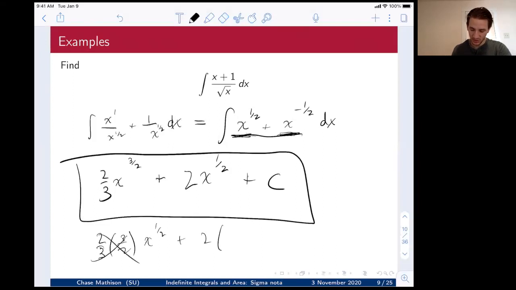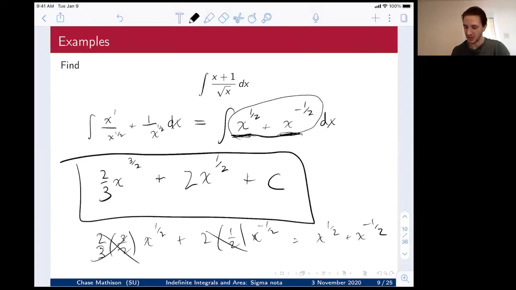Plus 2 times 1/2 times x to the 1/2 minus 1, which is minus 1/2. Those will cancel. And c is a constant. And so I'll be left with x to the 1/2 plus x to the minus 1/2, which is exactly what the inside of the integral looks like. So that's verification that this is indeed the correct antiderivative.